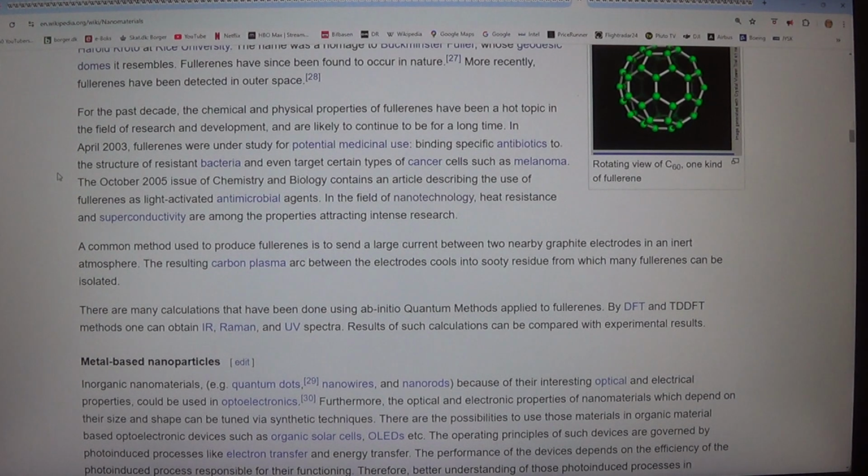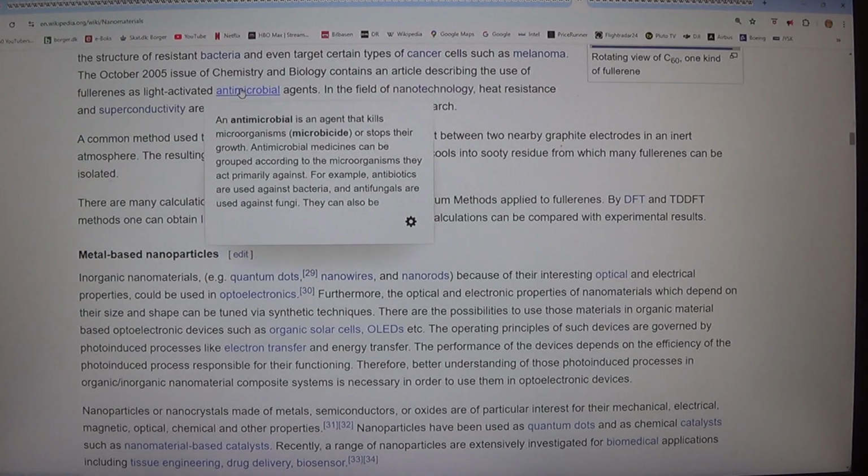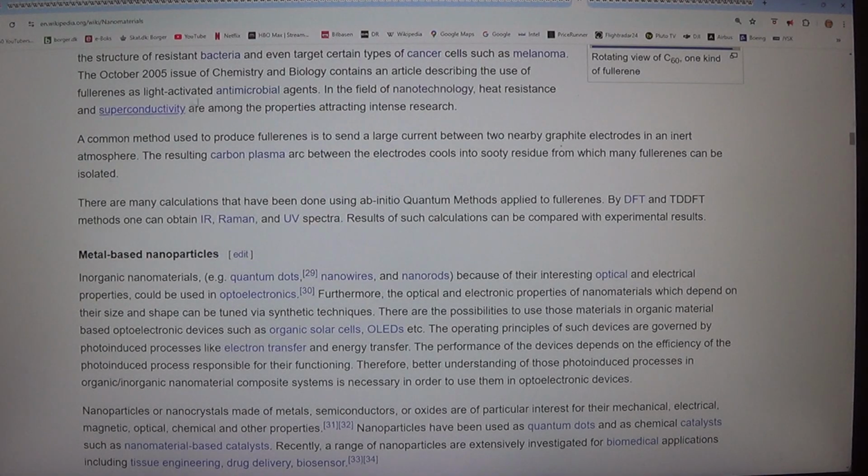The October 2005 issue of Chemistry and Biology contains an article describing the use of fullerenes as light-activated antimicrobial agents. In the field of nanotechnology, heat resistance and superconductivity are among the properties attracting intense research.